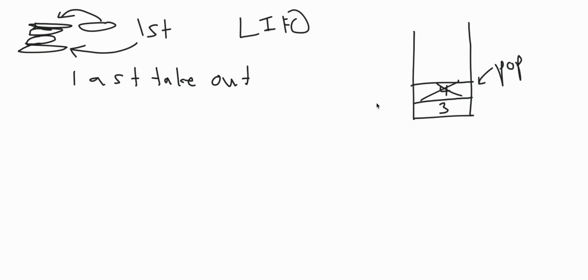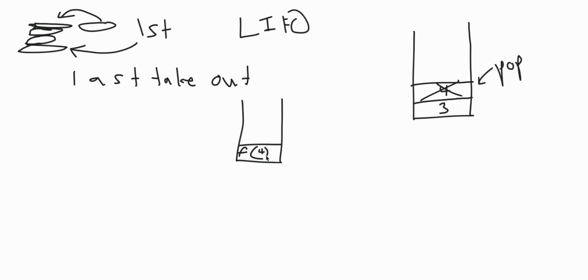So, one very, very frequent use of this is in function calling. For example, in a recursive function, for example, Fibonacci, we'll have a Fibonacci function, f, calling for 4.